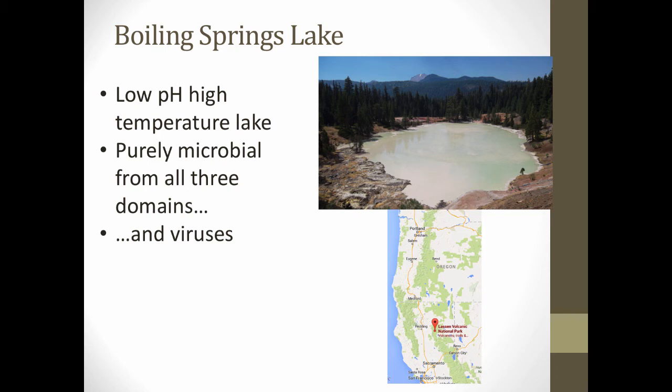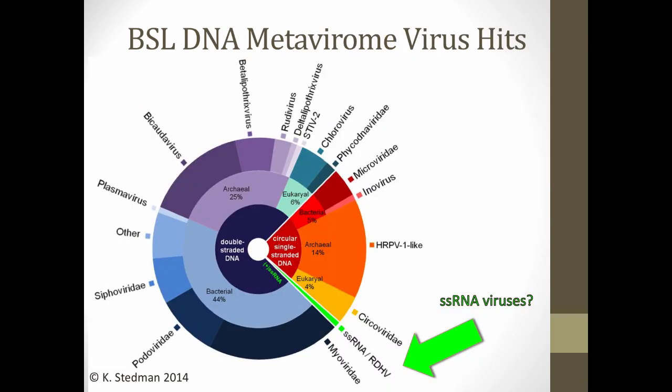And so one of the questions that Dr. Stedman and his former students asked was, what kind of viruses are there actually in Boiling Springs Lake? So what they did was what's called a metagenomic study, in this case a metaviromic study.